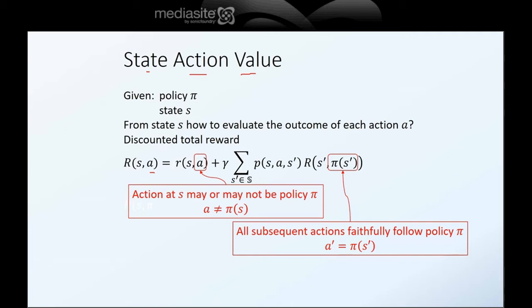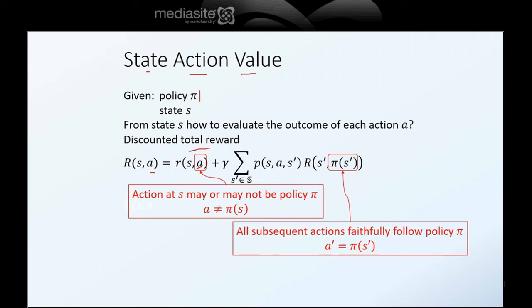Therefore, we will just ignore the policy here because we are looking at every possible action. What is the value of taking action A? What's the value of taking action B? What's the value of taking action C, and so forth. So we will temporarily discard the policy here.